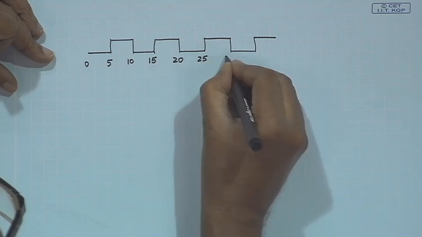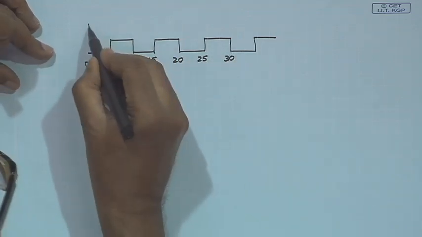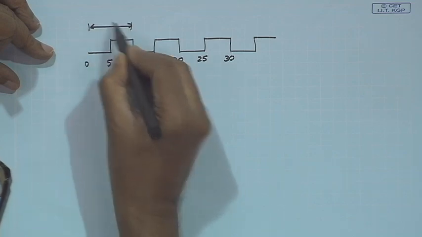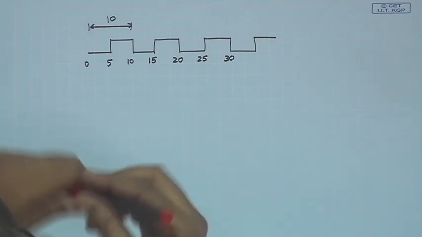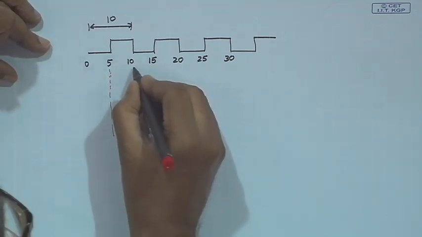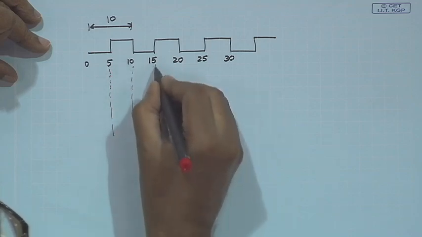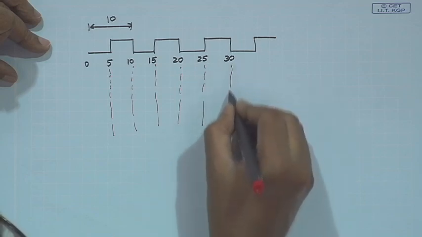So, after time 5 we are toggling the state. So, our time period will be 10. Now, let us look into the timing of this signal. These are the edges, right.